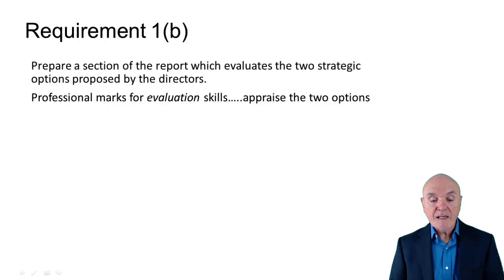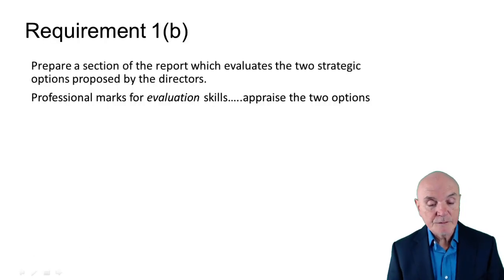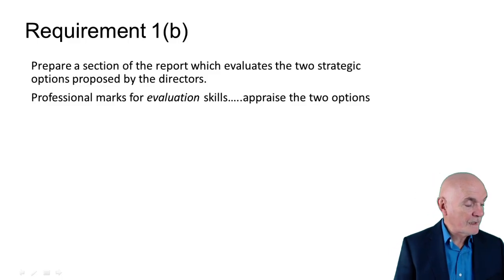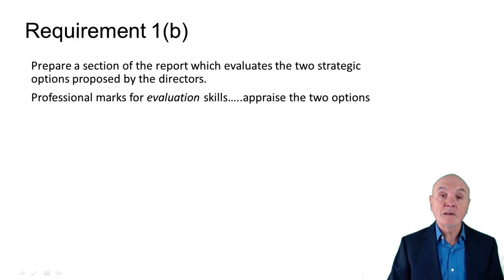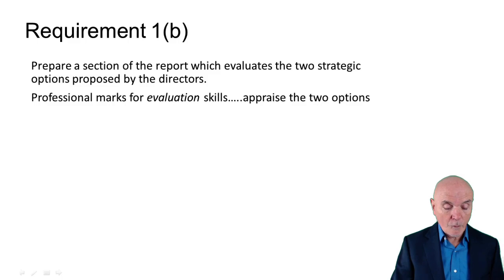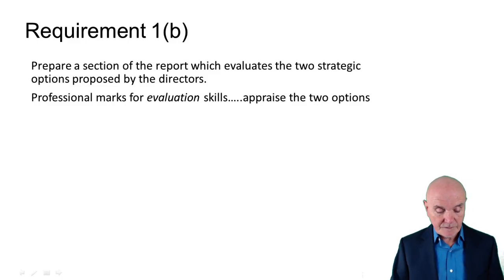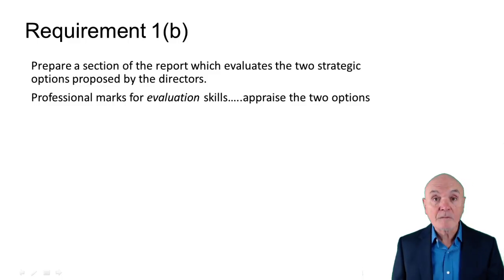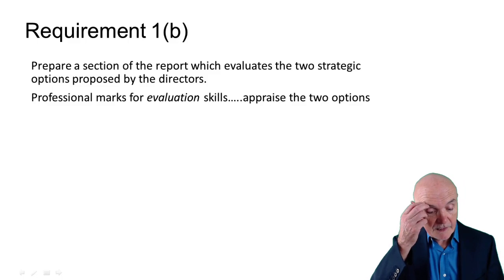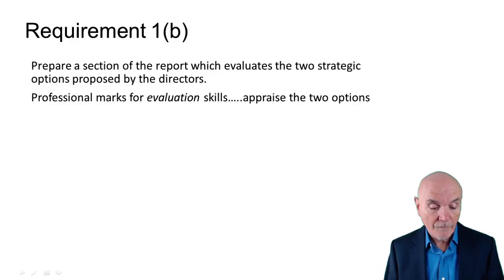Question 1b. When you read the question, you'll see that in the board meeting there are 2 proposals put forward for how the business should develop in the future. One of them, put forward by the IT director, who is very keen on pursuing what's known as the Internet of Things.